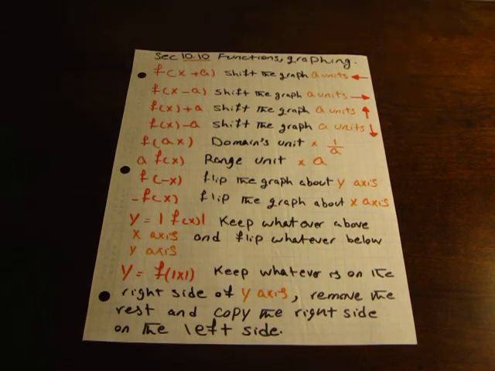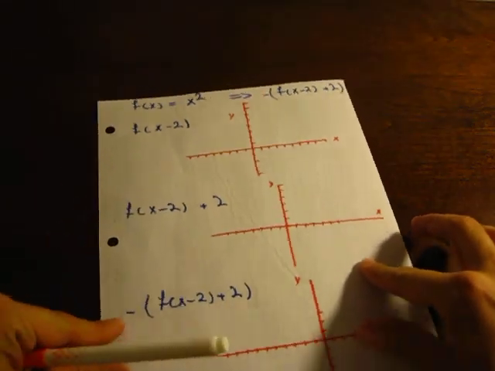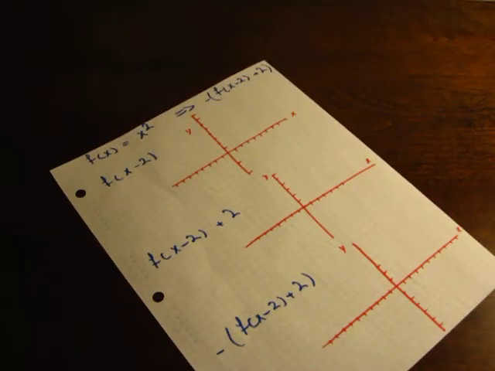So now let's take a look at one example. Our function is f of x equals x squared.